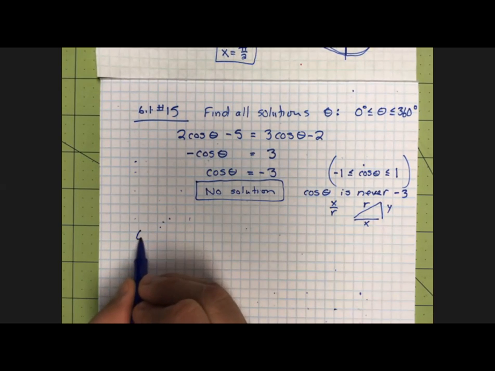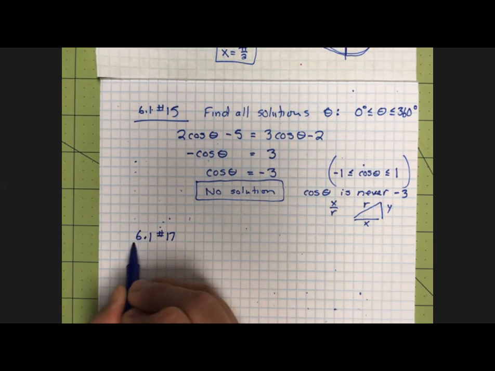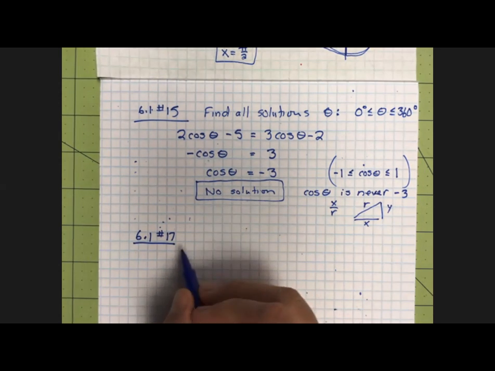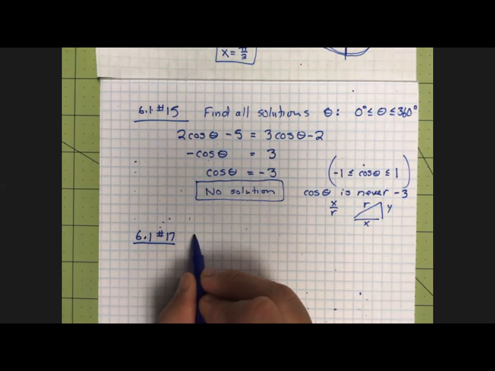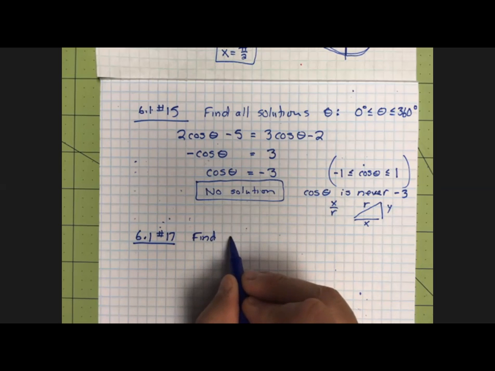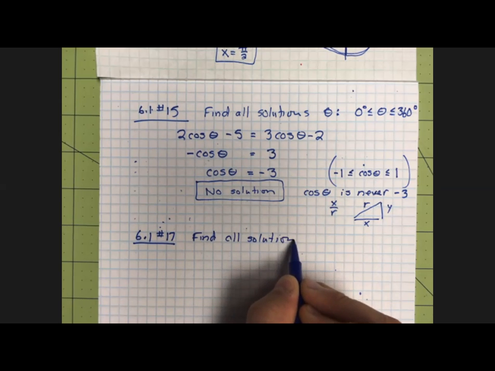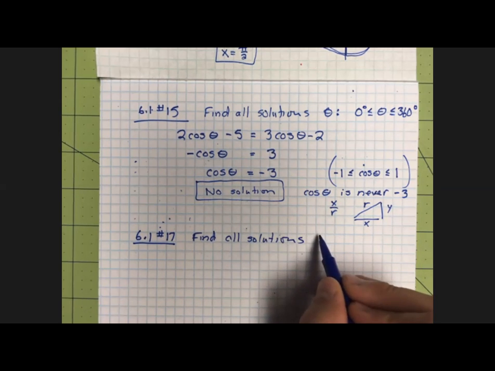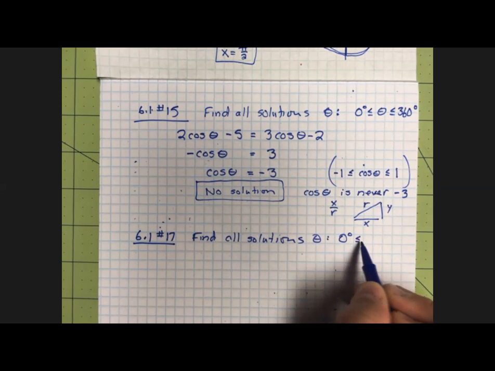Okay, let's pop into 17. I guess it's good that he throws one in there because he ought to be keeping us honest. So let's say find all solutions for theta between 0 and 360.